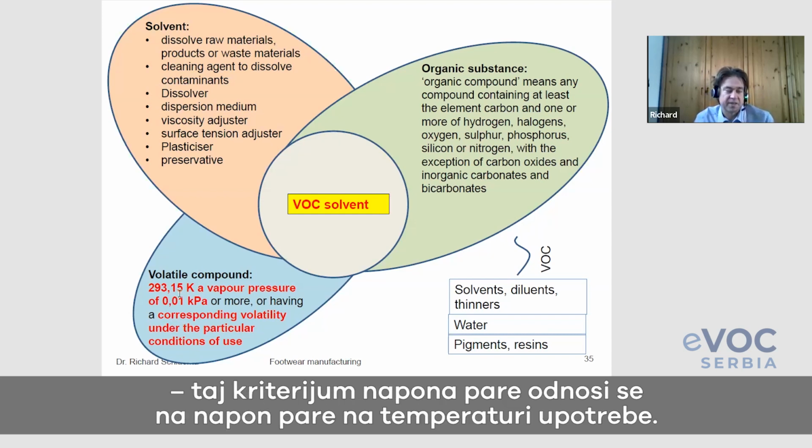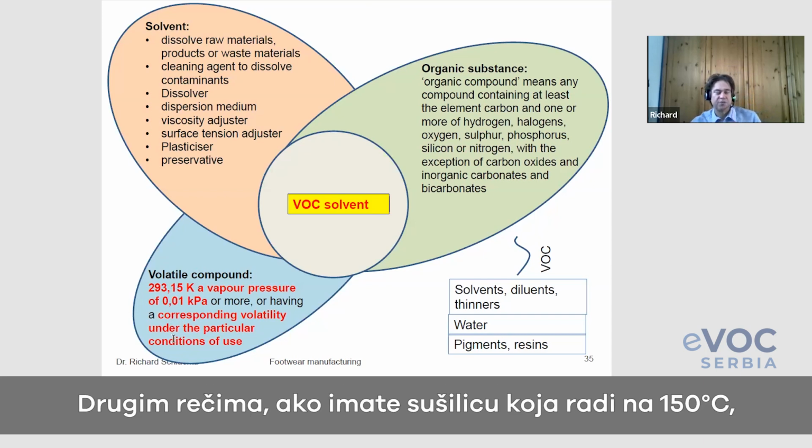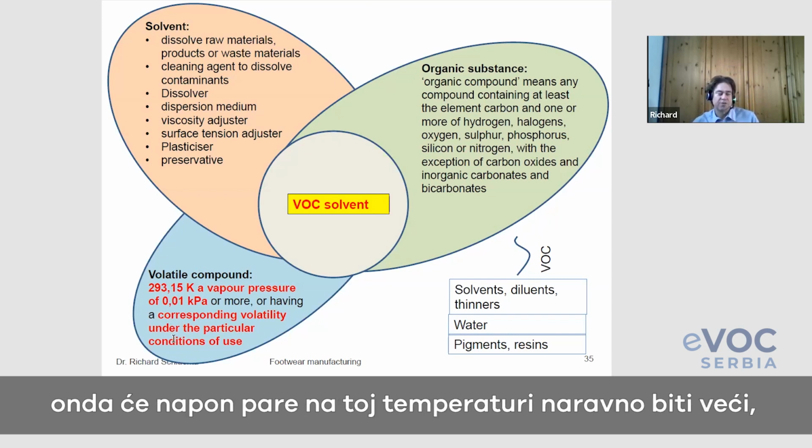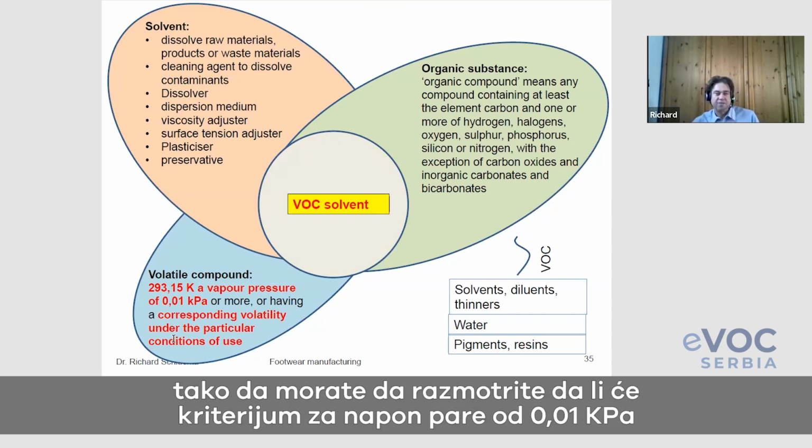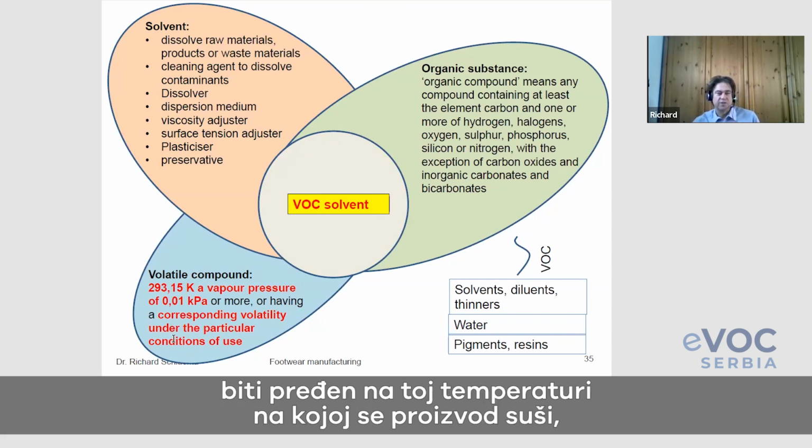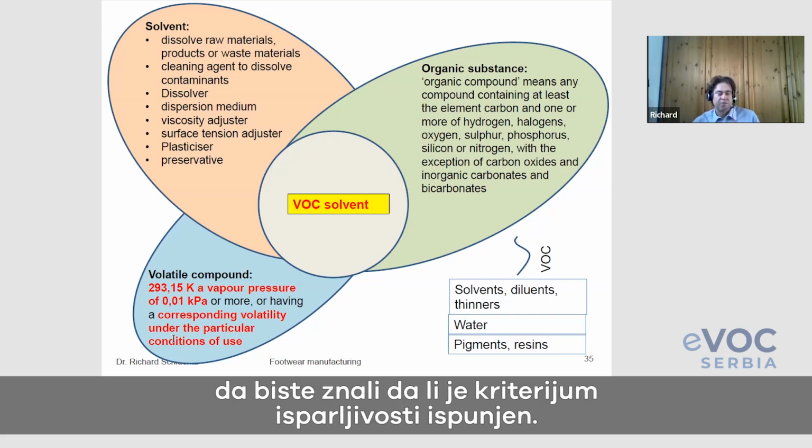That vapor criterion is to apply at the particular conditions of use. In other words, if you have a dryer and you have high temperatures like 150 degrees Celsius, then the vapor pressure, of course, will be higher for such an organic solvent. And so you have to consider if at those drying temperatures, the volatility criterion is complied with or not.